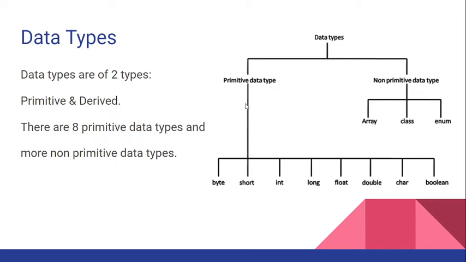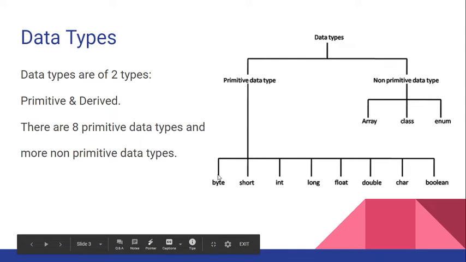Primitive data types are 8 in number. They are byte, short, int, long, float, double, char, and boolean. Boolean is a data type that has only two values, true or false. It's like a binary number, 0 or 1, true or false.